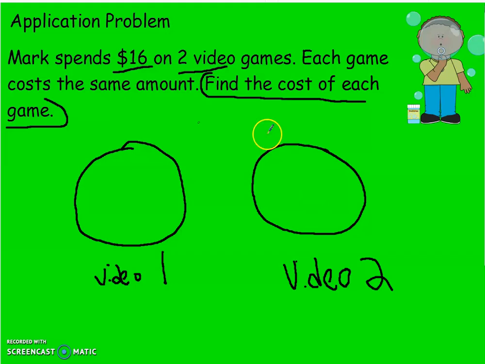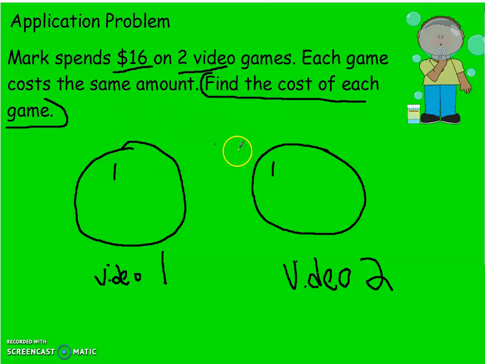So these are our 2 groups. We have our 2 video games. We have 16 in total. So if we want to divide 16 into our 2 groups evenly, how would we do that? Yeah, we would go one at a time. So we would go $1, $2. And we would keep repeating this process until we hit 16.